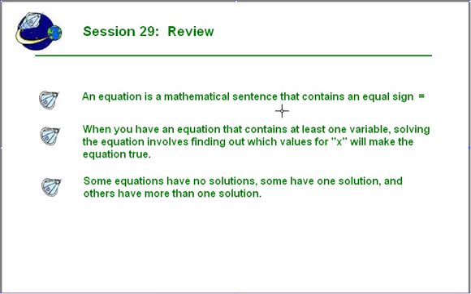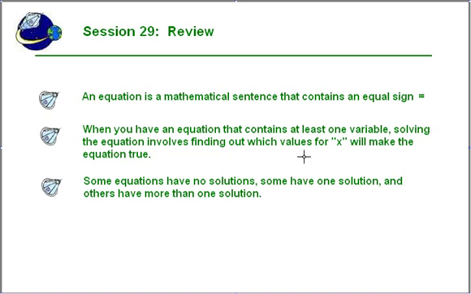And as a quick review, an equation is any mathematical sentence that contains an equal sign. In our next bullet point, when you have an equation that contains at least one variable, solving the equation involves finding out which values for x will make the equation true. Some equations have no solutions, some have one solution, and others have more than one solution.